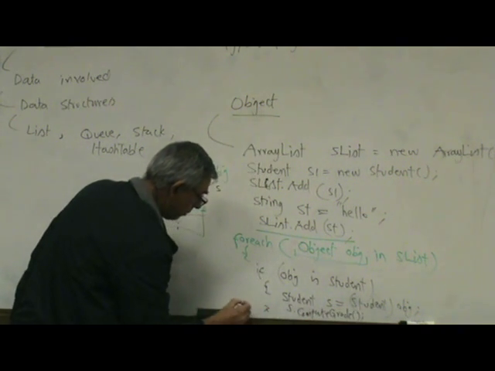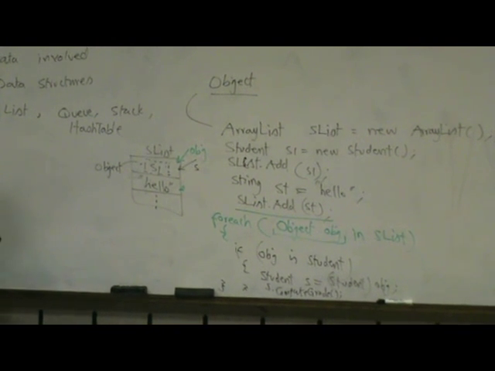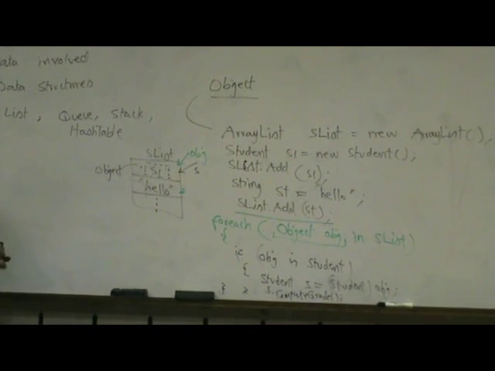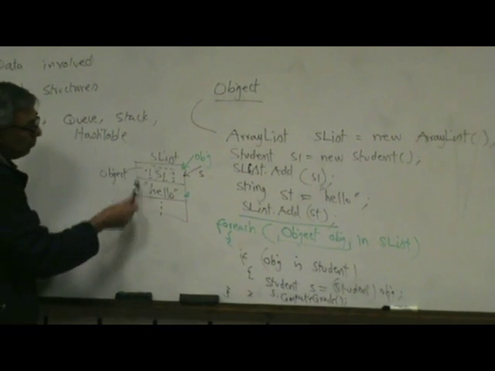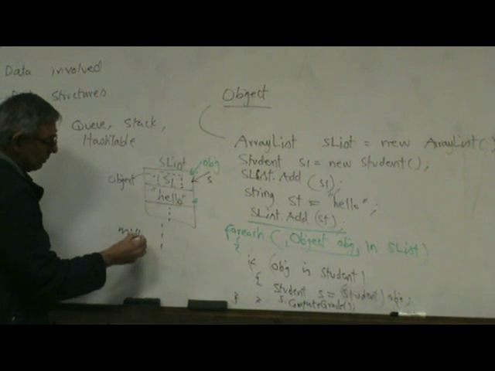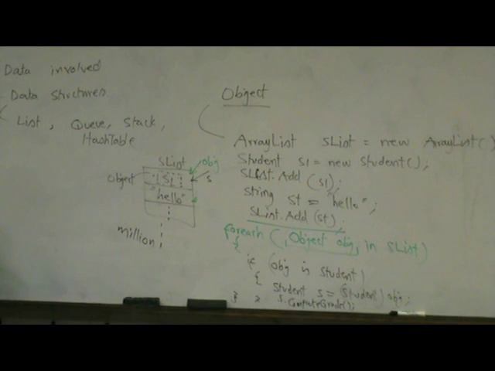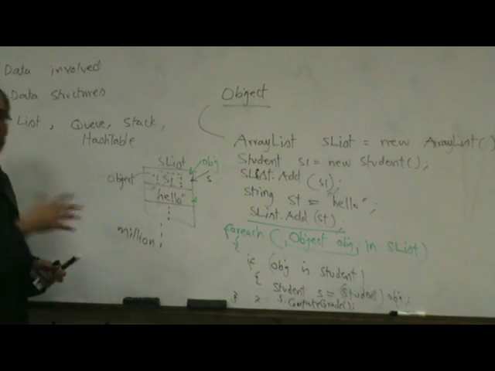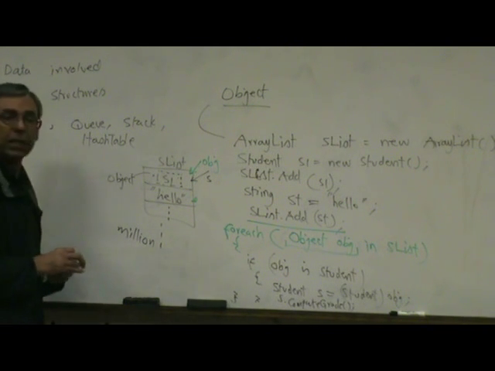So this would be the approach if we were using an array list to store data, right? Okay, so it may not seem that bad, but let's now assume we have, let's say, 1 million entries in our array list, okay? And some of these are students, some of these are other types of objects, right?